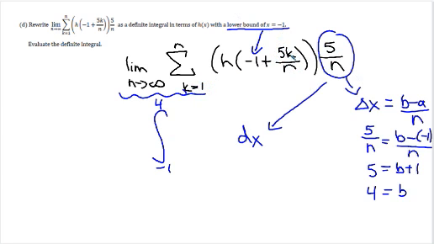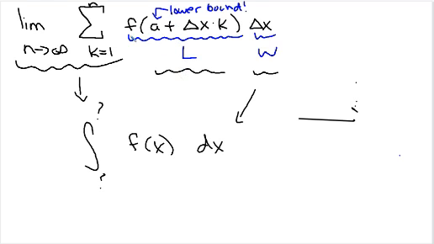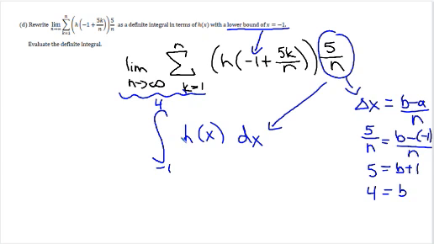So if I replace this k with the 1, what I've got here is just h of x, like we said before, that this whole thing right here just turns into the function. And so look what I'm asked to do. I only need to find what is the integral from negative 1 to 4 of h of x dx.